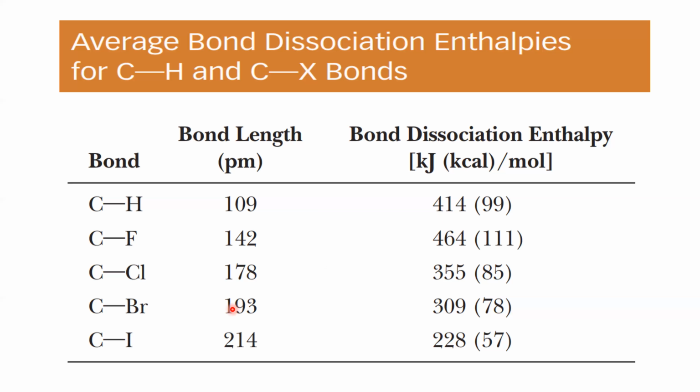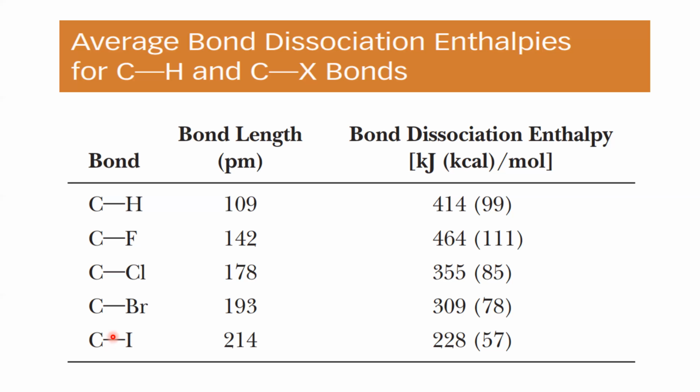Now, if we compare the C-Cl, C-Br, and C-I bond, here you can see that gradually the bond length is increasing. It means the distance between the carbon and the halogen is increasing. And as the size of the iodine is the highest as compared to chlorine and bromine, there is more polarizability.